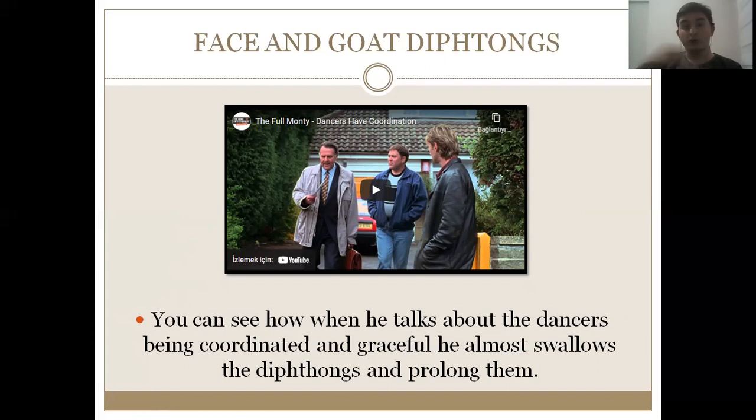You should start with A and glide from A to E, but he says "graceful" starting with the first vowel, but doesn't quite follow through. So that's the specific example of it.